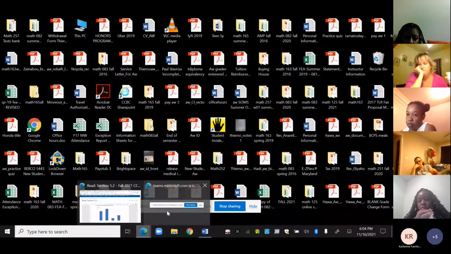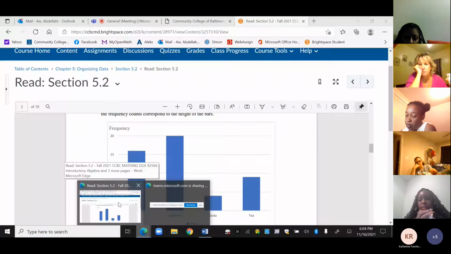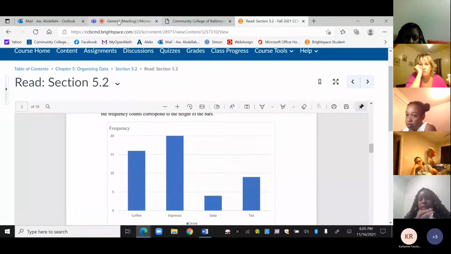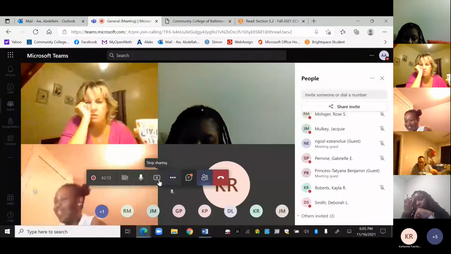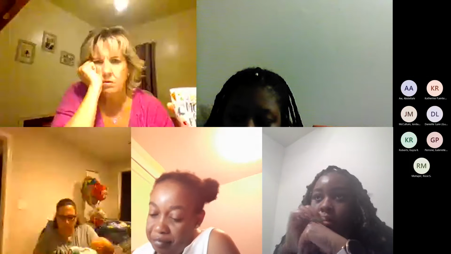This is what is not good about sharing all my screen, because every time I click somewhere else, you're going to be navigating, and that is a dilemma. The best thing is to share only the Word file where I'm writing.